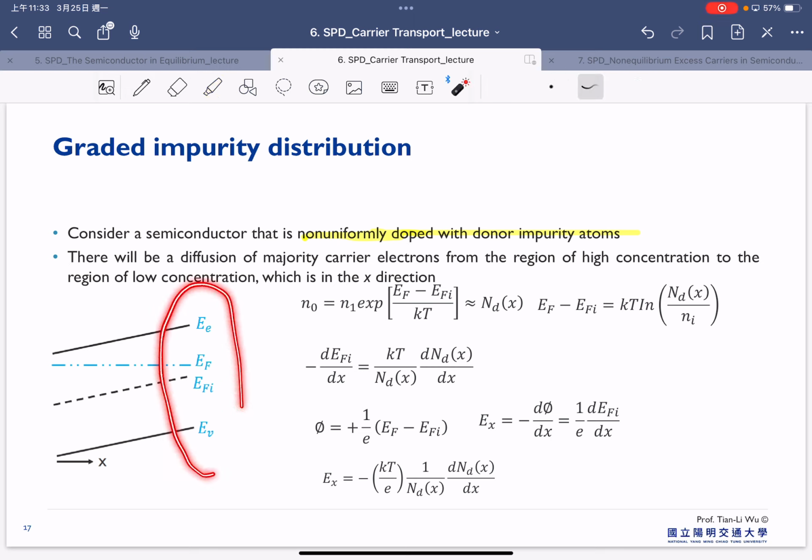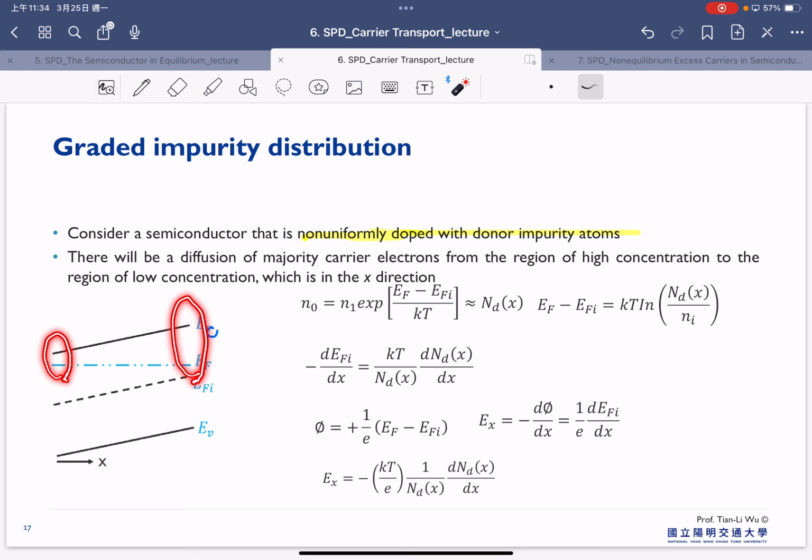Now I believe everyone can understand this band diagram, but the band diagram is not flat. The concept is the same, just it's not flat. If you look at this one, this is the Fermi energy. The Fermi energy here is close to the conduction band, and here it is far away from the conduction band.